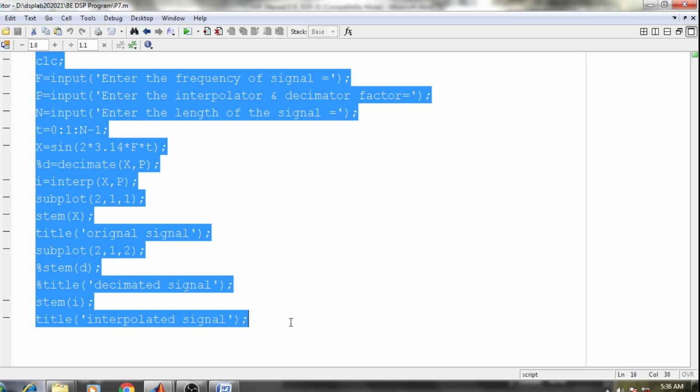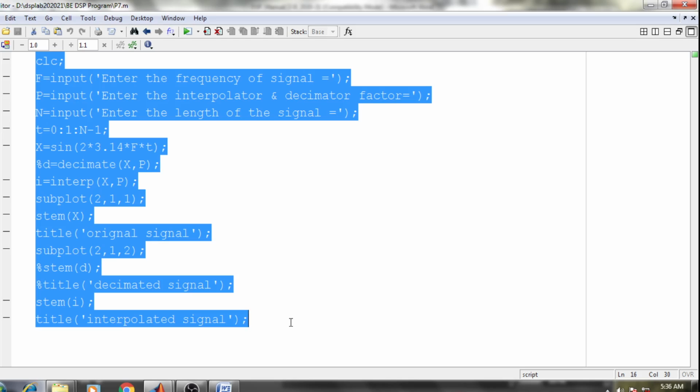Three parameters will be necessary, as we learned in the decimation process. In the same way here also it is necessary to declare the frequency of the signal. So f is taken into consideration; f helps you define the frequency of the signal. Then p is used for the decimation or interpolation factor.